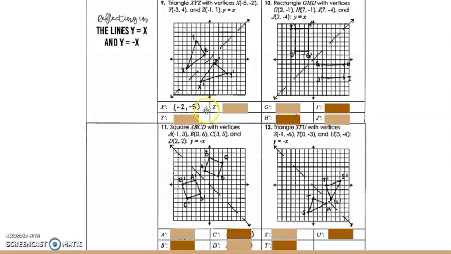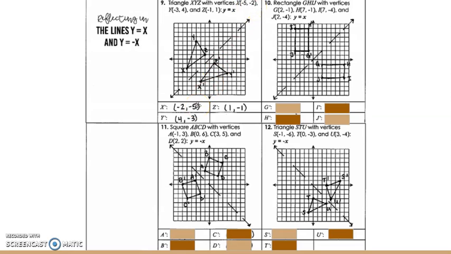Once it's graphed, we can figure out our new ordered pairs. If you look at the ordered pairs between the pre-image and the image, when we're reflecting over the line y equals x, we're just switching our numbers. So the pre-image for X was -5, -2.